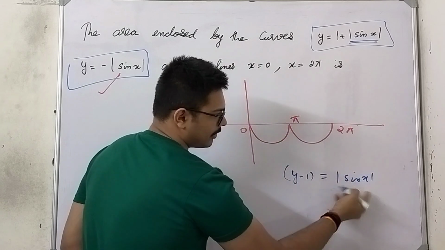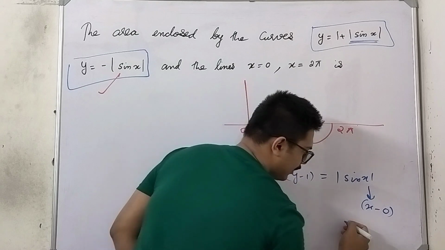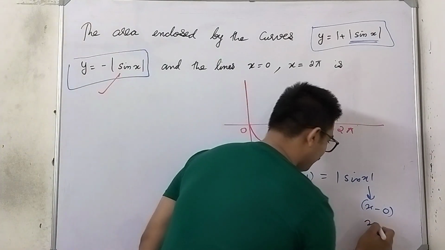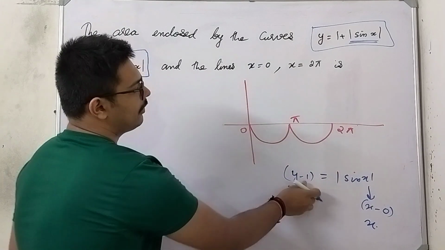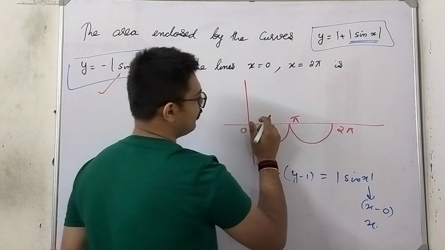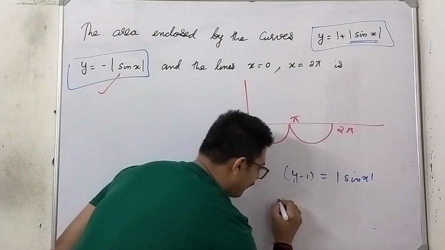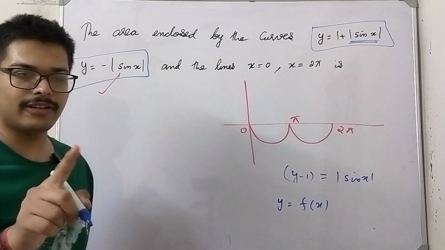See, which value is subtracted with x? 0 is subtracted with x, so the new x-axis will be the x-axis itself, but the y-axis will change. y equal to a function of x.